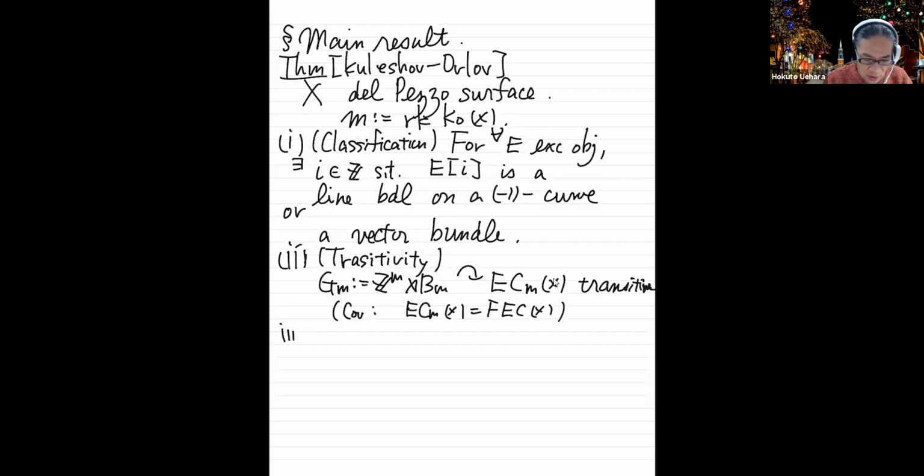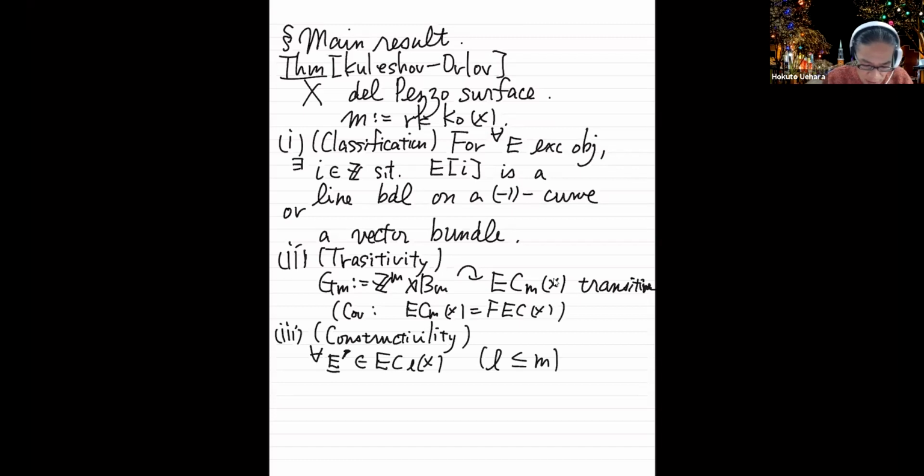And the third result is constructibility. Any exceptional collection of length l, where l is less than or equal to m, can be extended to an E-bar in exceptional collections of length m.